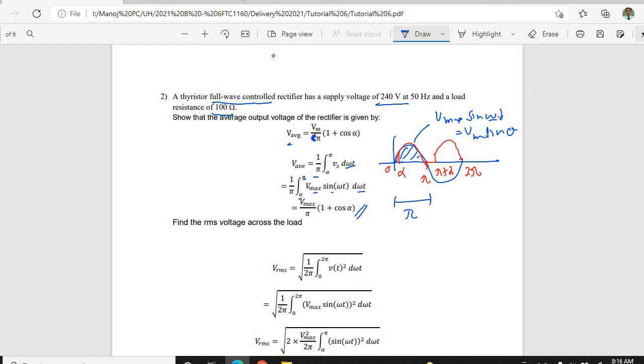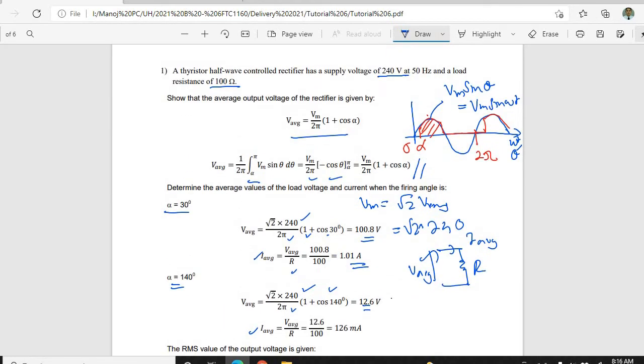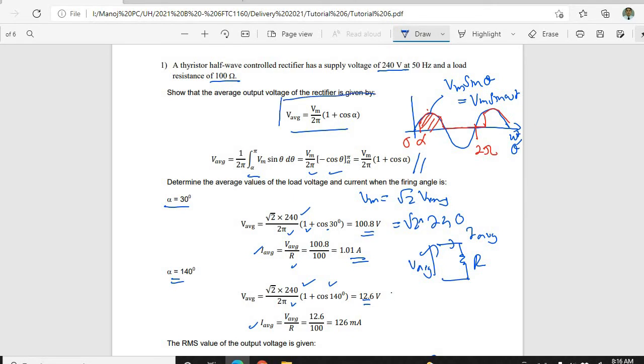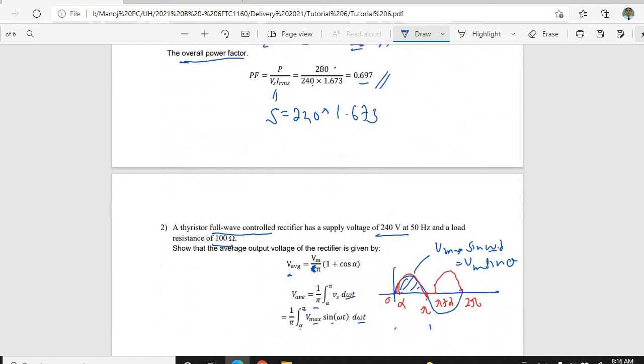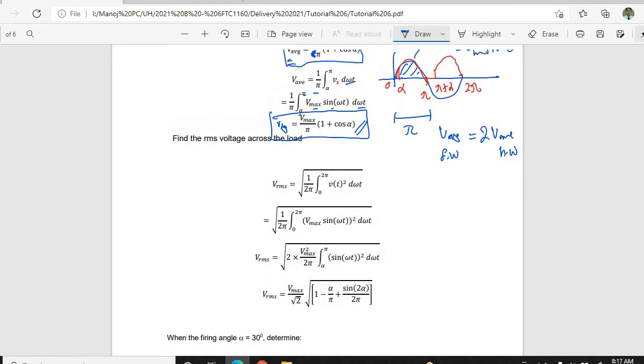If you compare with the previous average, there we have Vm over 2π (1 + cos α), and here what we have is Vm over π (1 + cos α). So the V average of the full wave is twice the V average of the half wave.